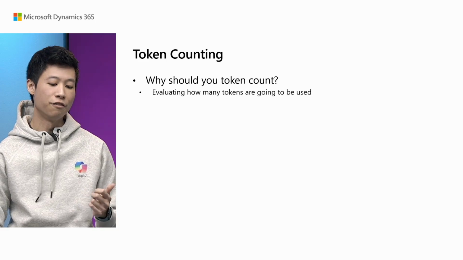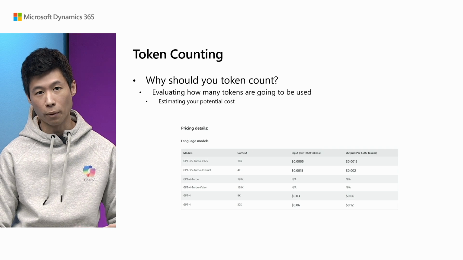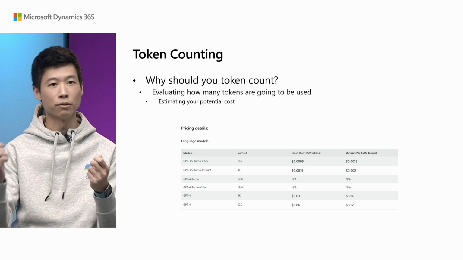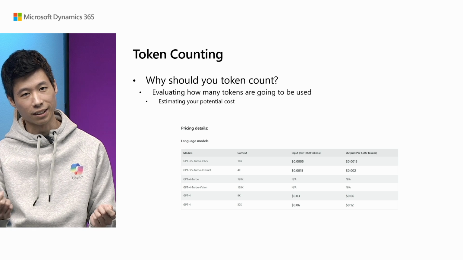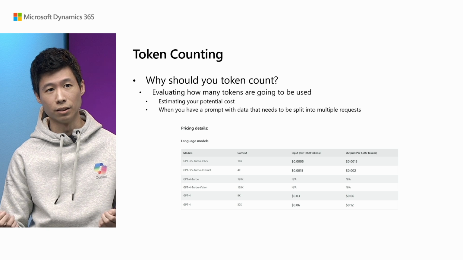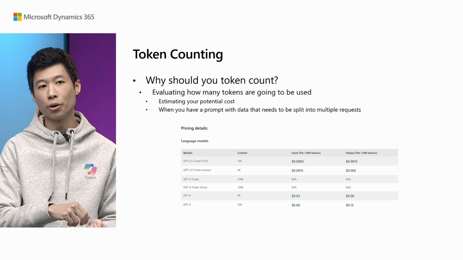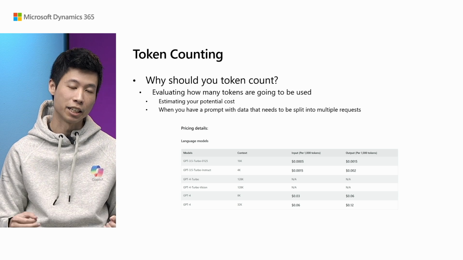So why is it important? Why should you token count? You would like to evaluate how many tokens are going to be used, because then you can estimate your potential cost, because your cost and the number of tokens you're going to use are related. For every 1,000 tokens, there's an associated amount of cost depending on the model that you're using. It's also important to note how many tokens you're going to use, because a model has a limit to how many tokens it can take in as input.